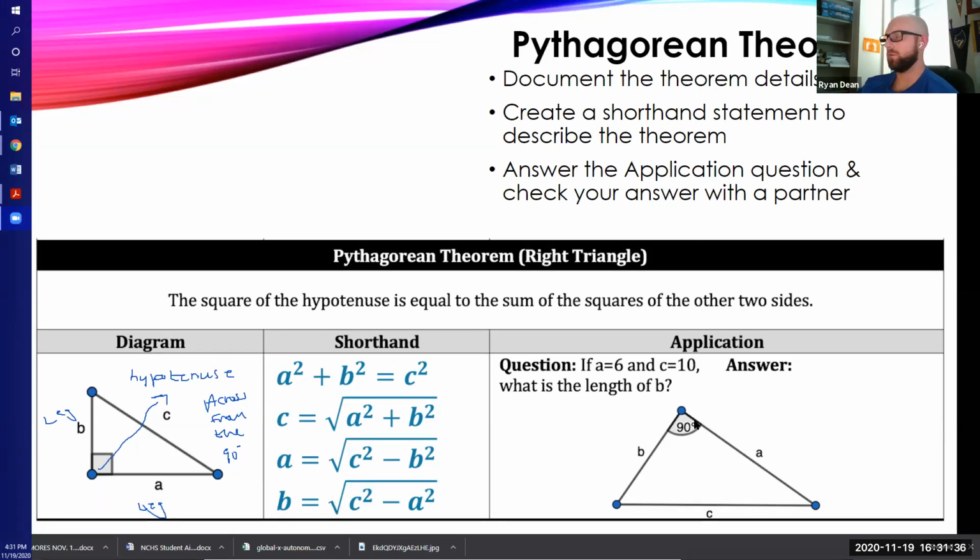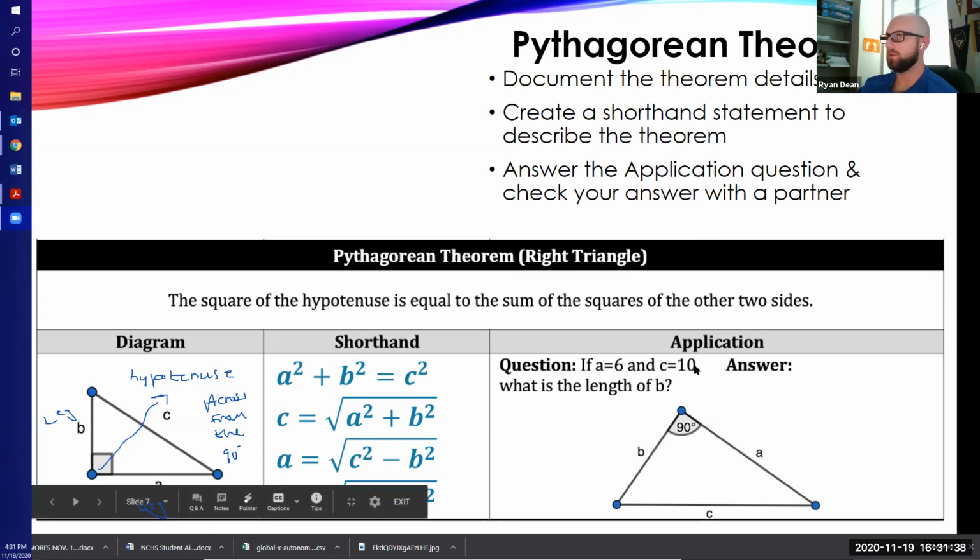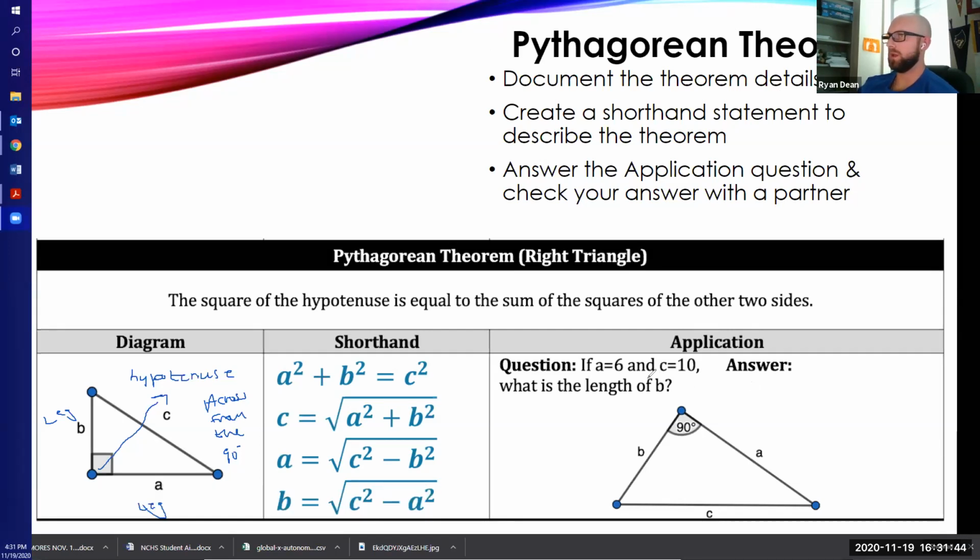I guess we'll go ahead and do this example here. So for this example, they give us A is 6 and C is 10, and they want us to find B. So here's B right here. So when I'm solving for B, you can just use this formula if you wanted to. B is going to be equal to the square root of 10 squared minus 6 squared.